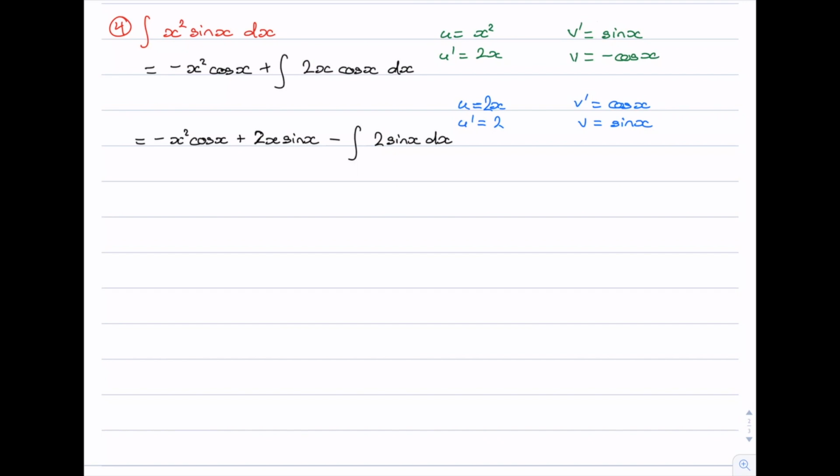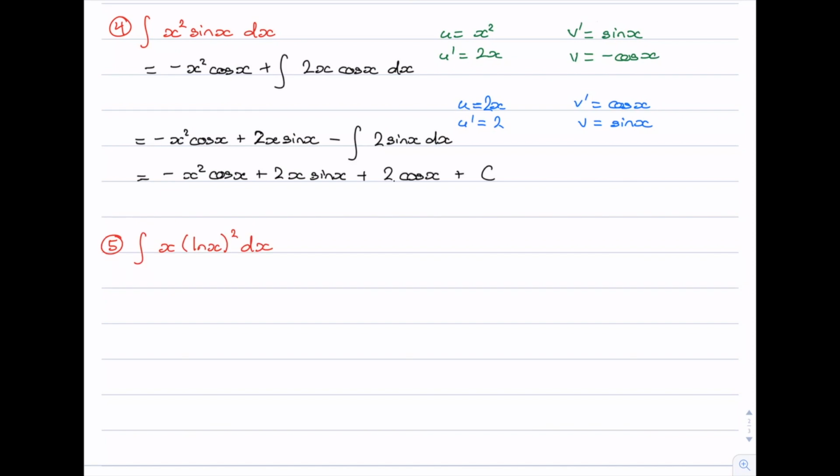So we just go ahead and use our normal techniques. So we have minus x squared cos x plus 2x sine x, minus the integral of sine x is a negative cos, so this becomes positive 2 cos x plus a constant. And that is our final answer.